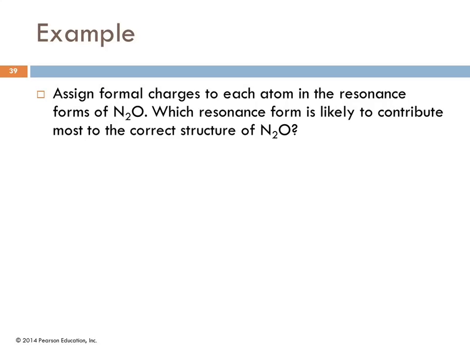So let's assign formal charges to each atom in the resonance forms of N2O. Which resonance form is likely to contribute most to the correct structure of N2O? Well, let's draw a structure for N2O.